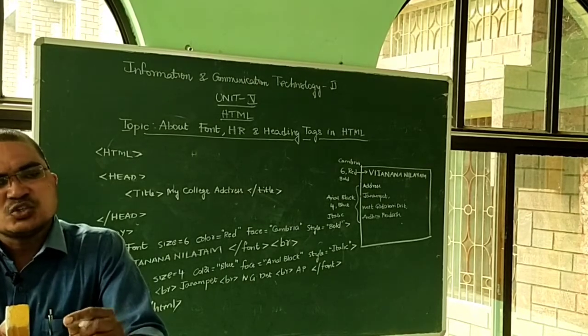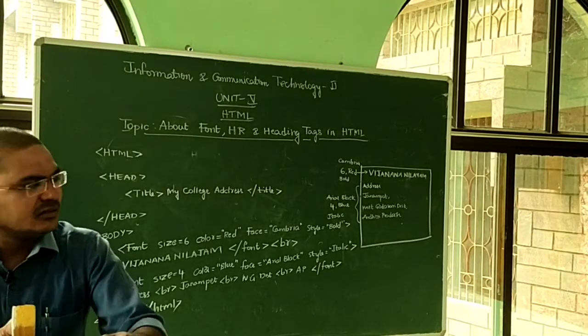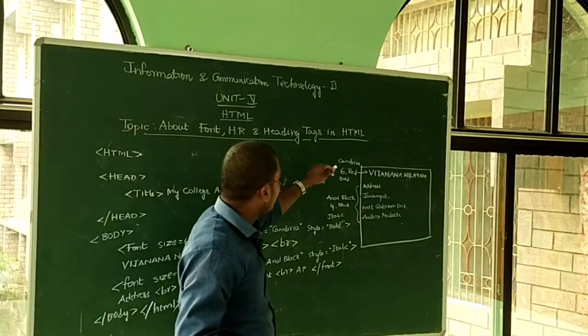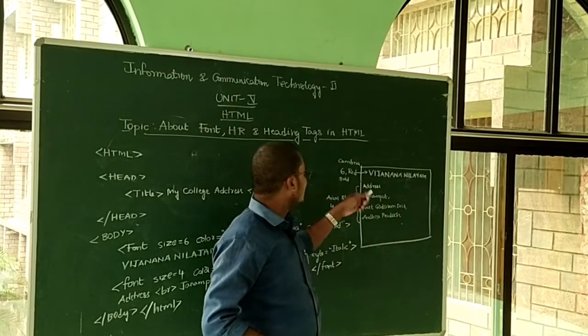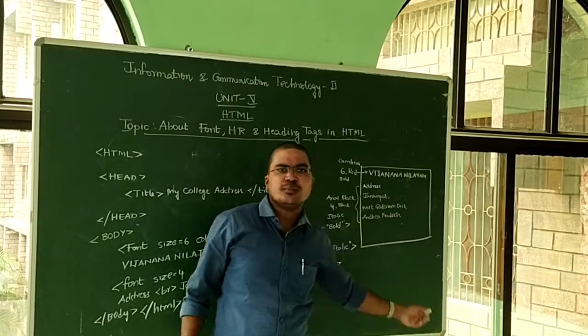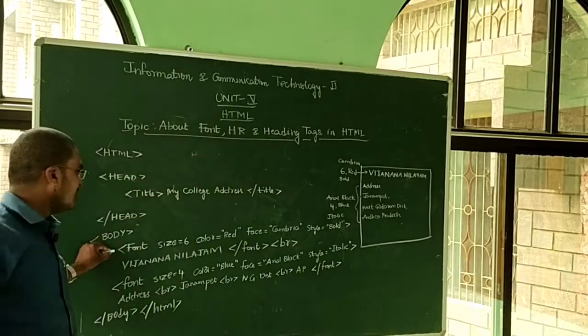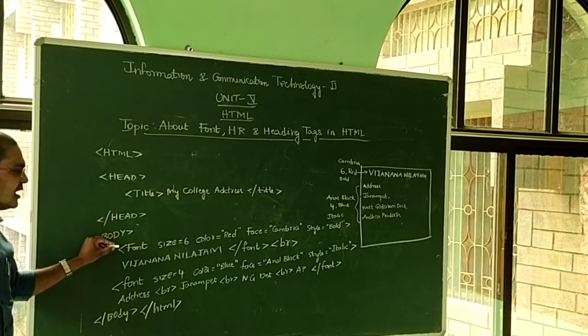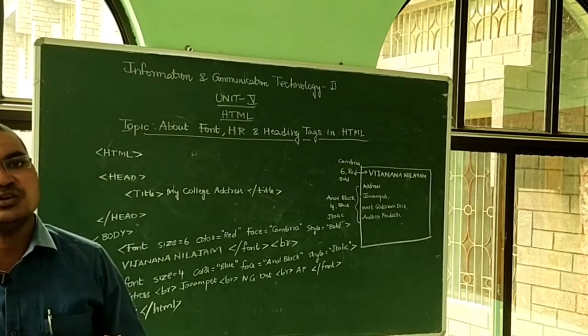Then select the file and click open, and the web page appears like this, including color and so on. So this is the use of the font tag. This is the one and only tag to show text very attractively in a web page.